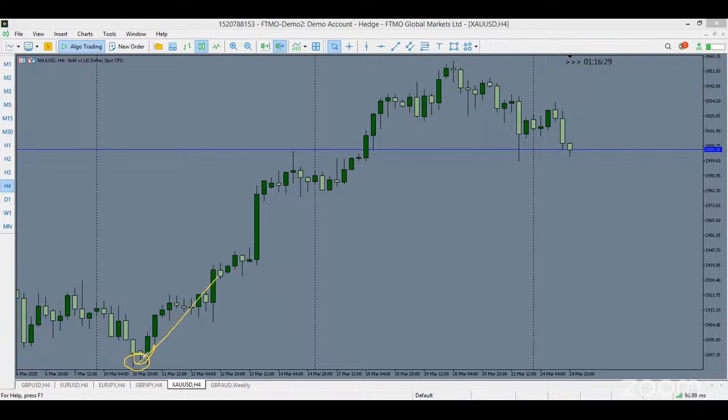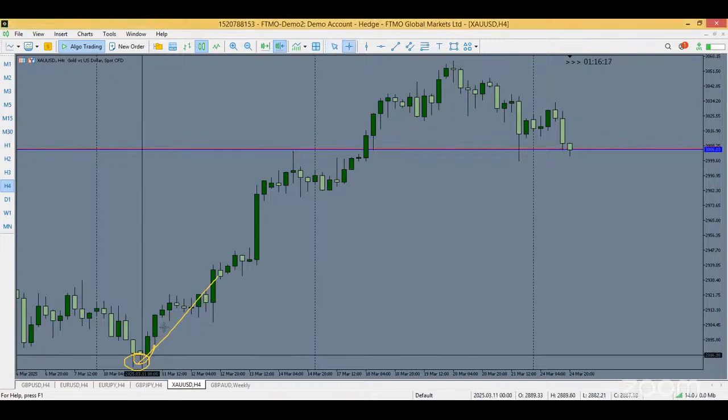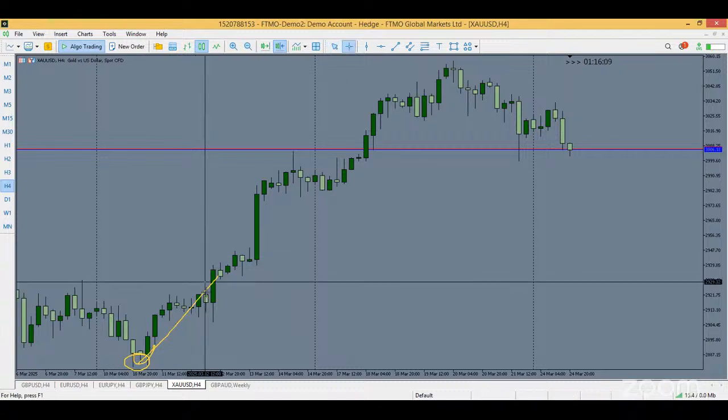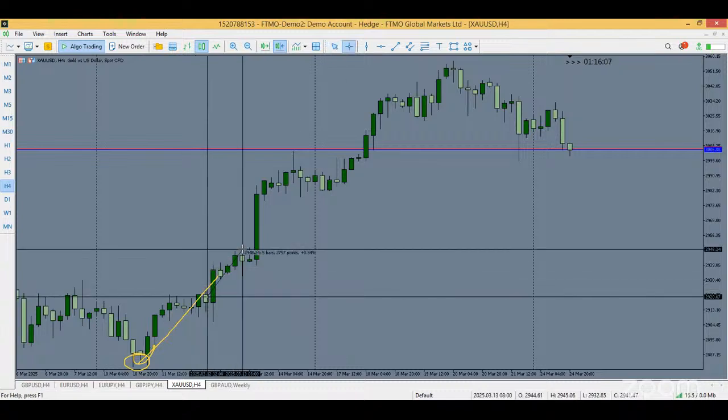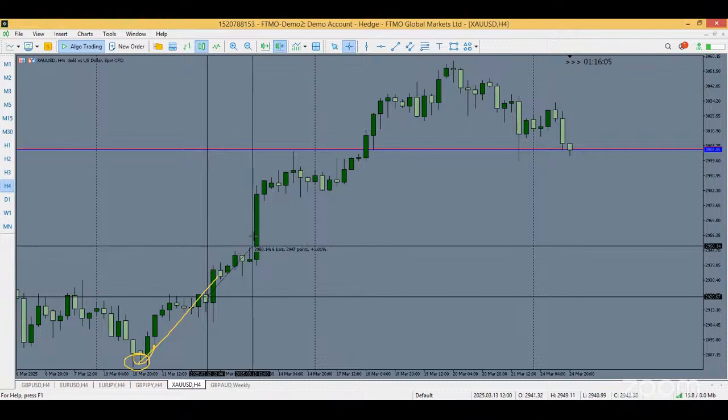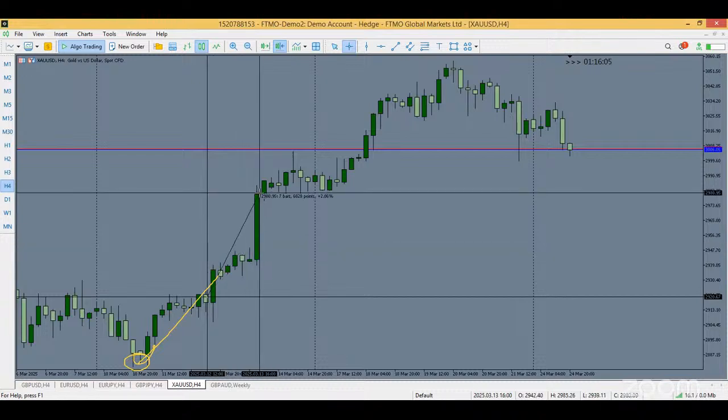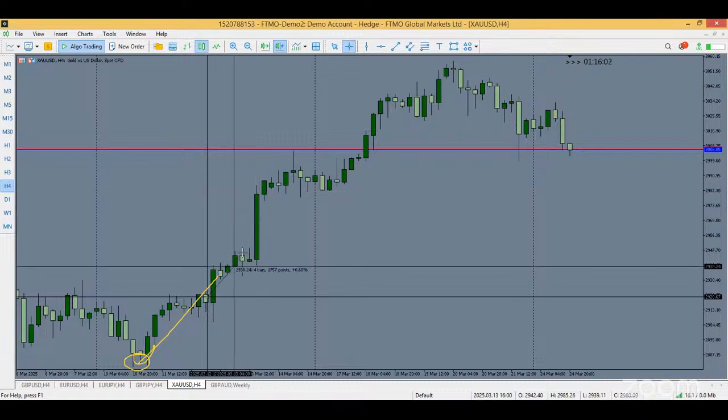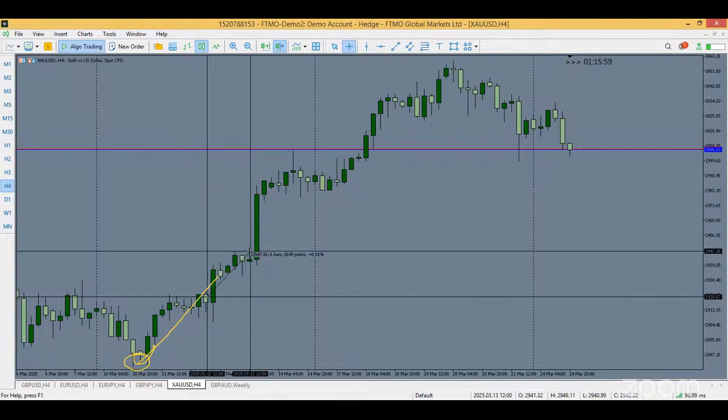So maybe this is like 300 pips, let me even measure it. From these lows to this level, this is like 300 pips. And from this other high to the next level, this is 600.